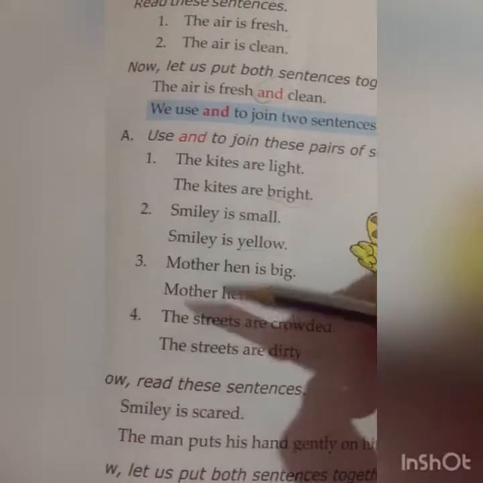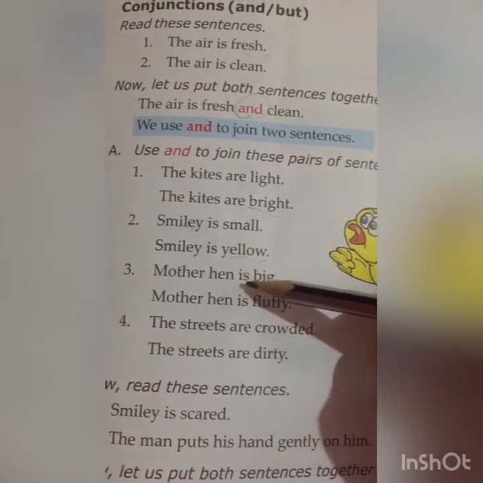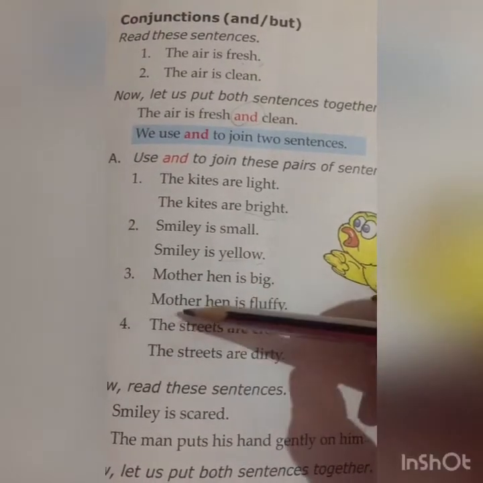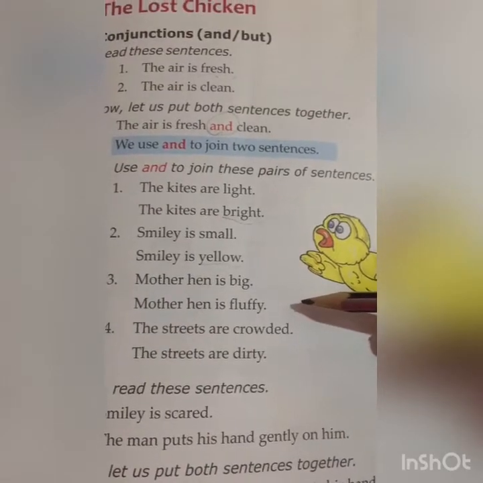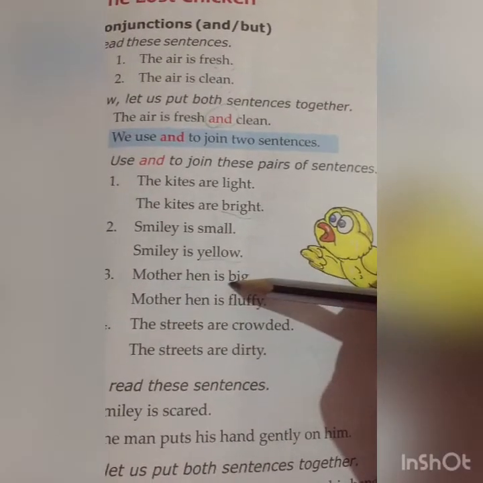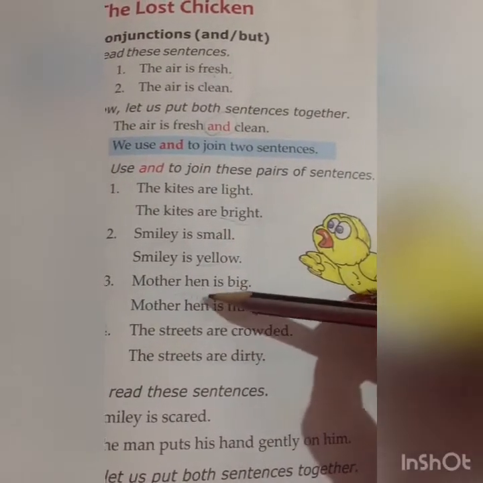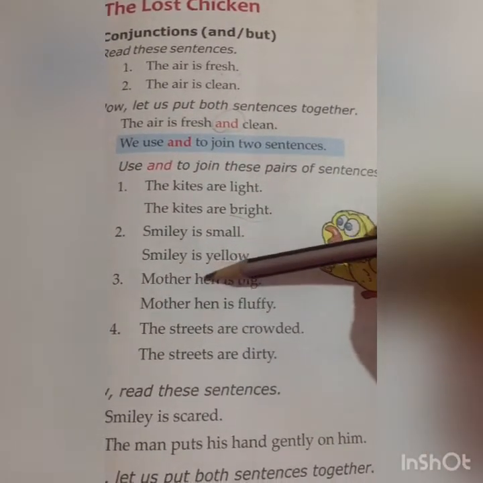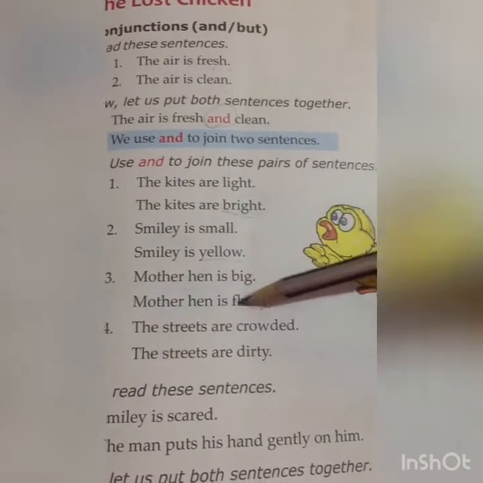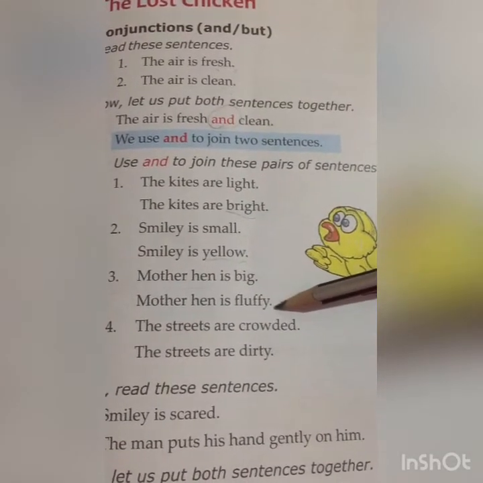Next one, Mother hen is big. Mother hen is fluffy. Now, how do we write it? Use and here to join these two sentences, okay? How do we write it? Mother hen is big and fluffy.